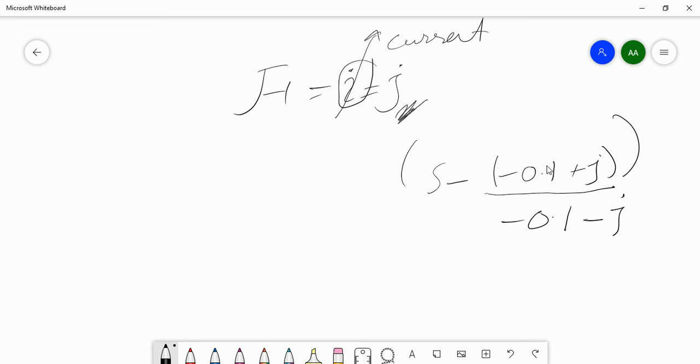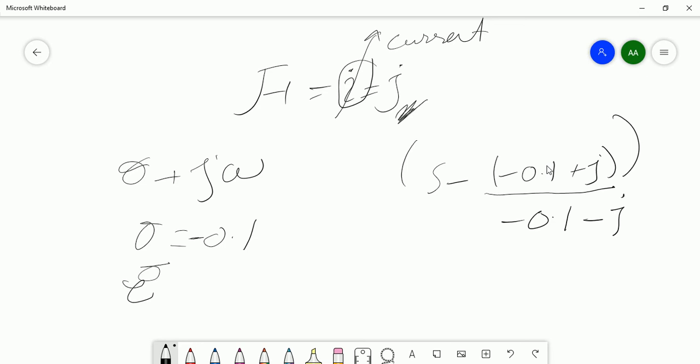Now what is the real part and what is the imaginary part? This is like sigma plus j omega. Here sigma will be minus 0.1. This is a very important point: minus 0.1. Don't make this mistake, because you will make the system unstable if you make it positive. Sigma is basically the coefficient of t in the exponent.